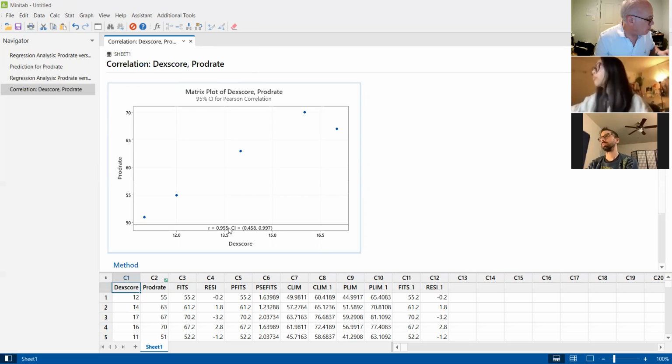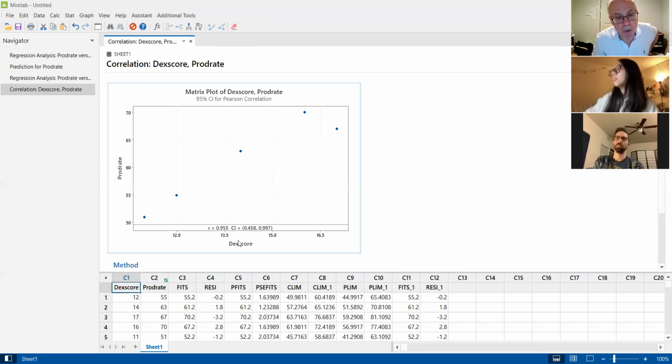But it gives it to you right here between the two variables: 0.955. Strong correlation between those two variables. A correlation does not imply causation, but it does say those two variables are closely related, right?